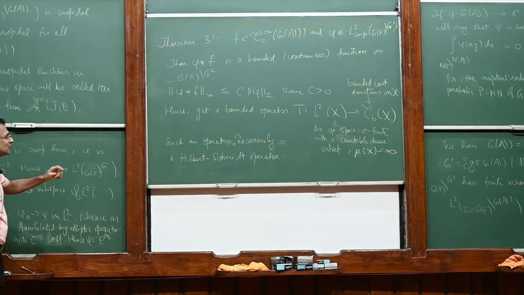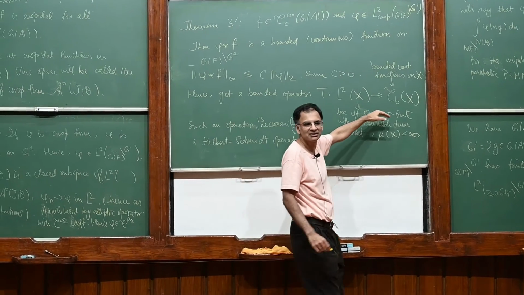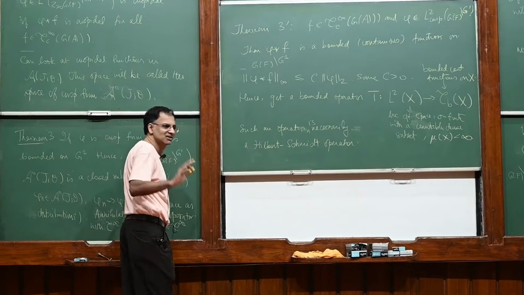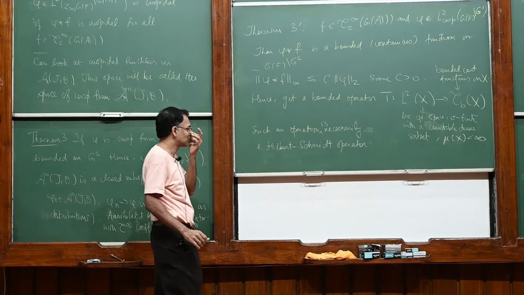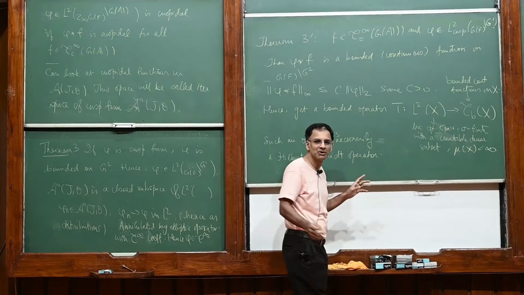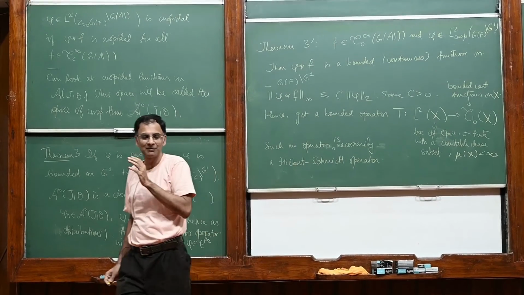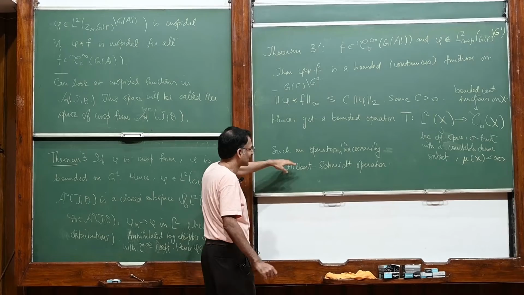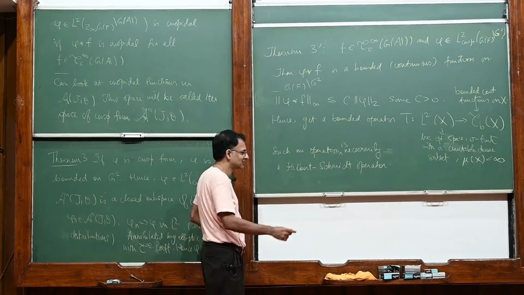Of course C_b(X) is contained inside L2(X) because X has finite measure, which is our situation. G1 by G_F is the space that we are looking at. Therefore, this is what we call a Hilbert-Schmidt operator. If you don't know what that is, it doesn't matter. Basically, they're compact operators. If I have time, I'll come back and say something about this.